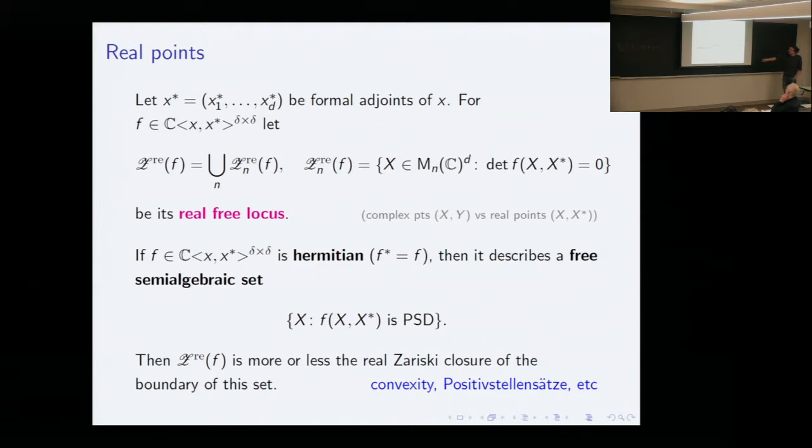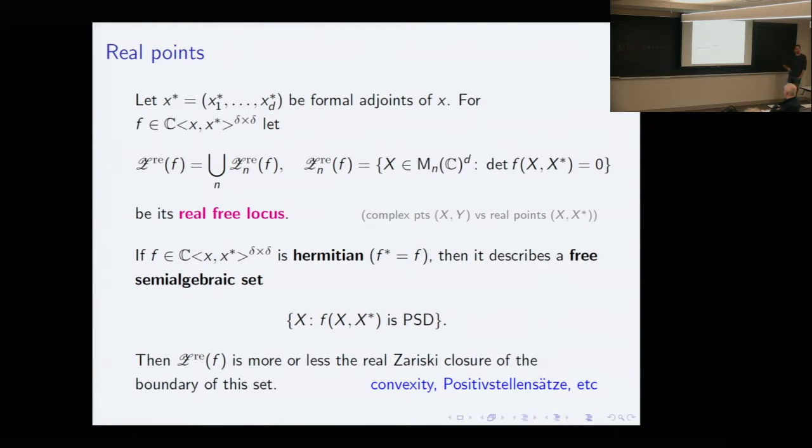If I have a Hermitian polynomial in x and x star, that describes the semi-algebraic set that Igor and Scott were talking about. And this real locus, the points x such that f of x, x star is singular, is more or less a real Zariski closure of the problem. So the real free locus is what we care about when we talk about convexity and positive Stellensatz and so on.